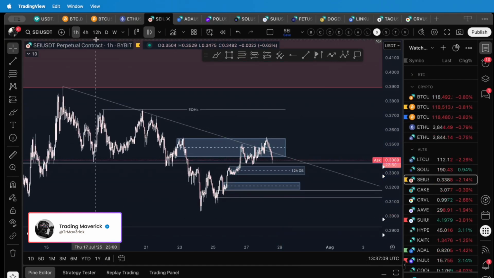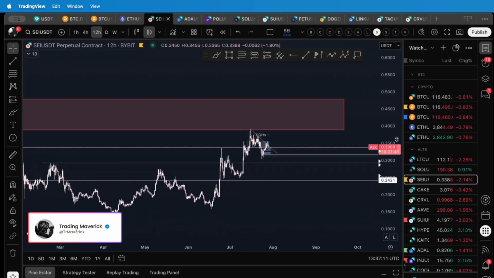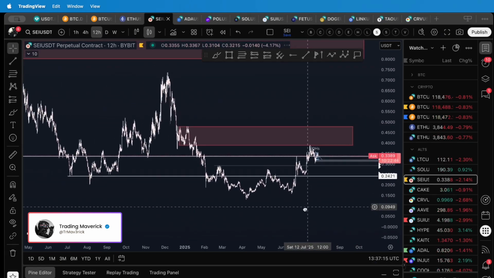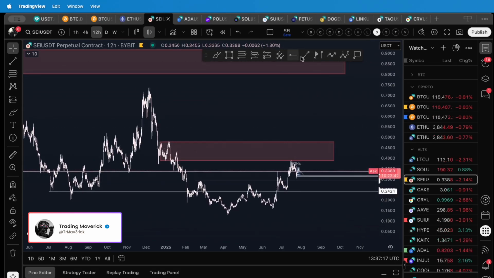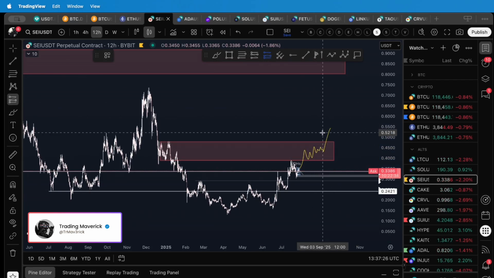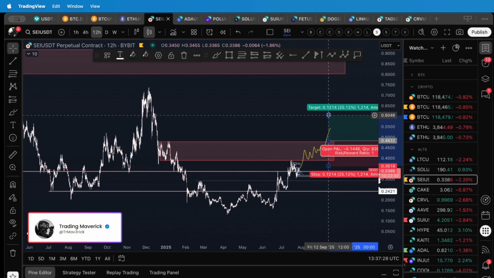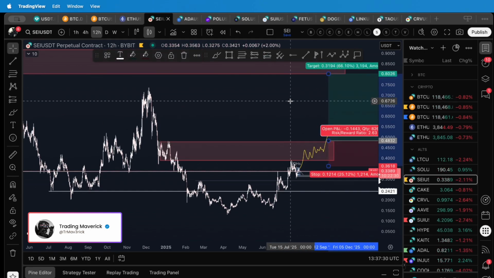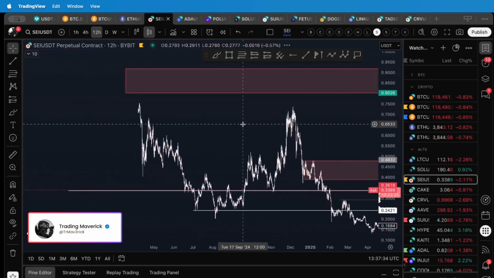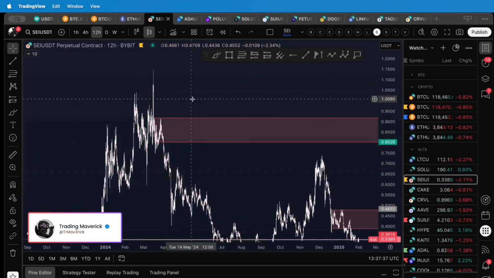And if we zoom out a little bit, it's at the big resistance right now, so if we get a nice push up again, chop inside the zone, and we flip it, we can probably search for a nice long for 70% move to the next red box, which is close to all-time highs.